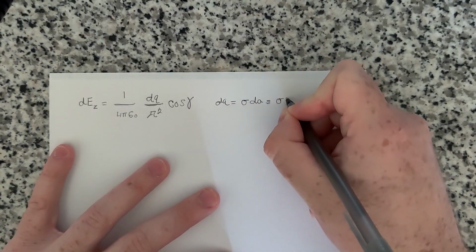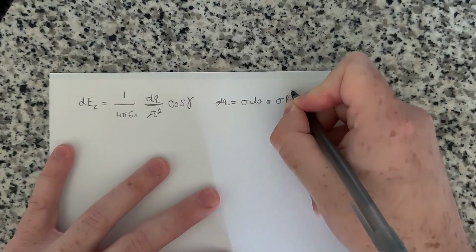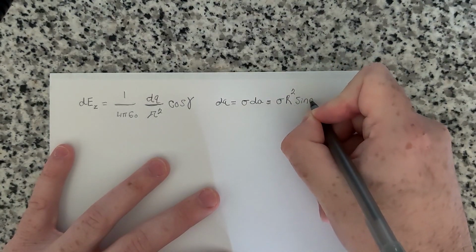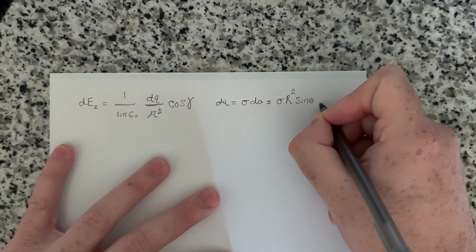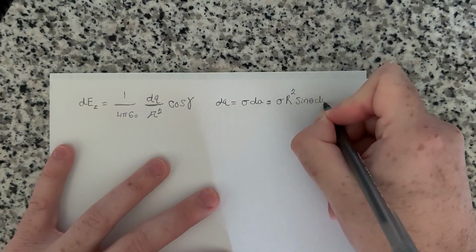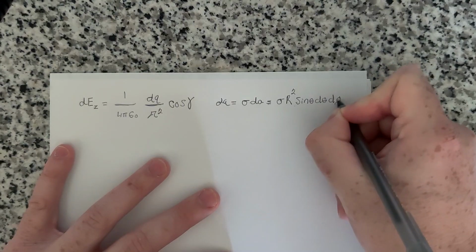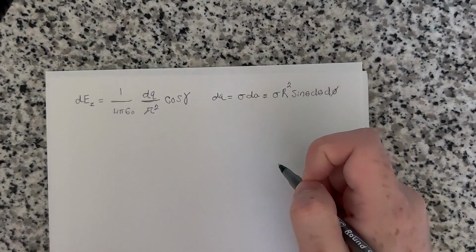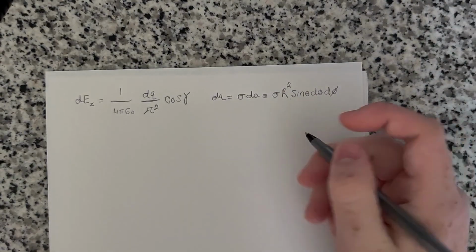So we have sigma, then we have r squared sine of theta, then we have d theta, d phi, where r is the radius.